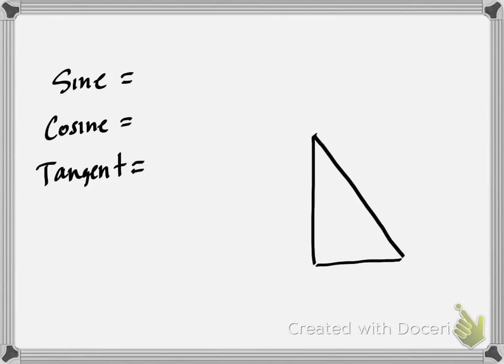Usually what we do is we have an angle that we are talking about. Usually we give it a little symbol, this is called theta. That's the name we give an angle, theta.